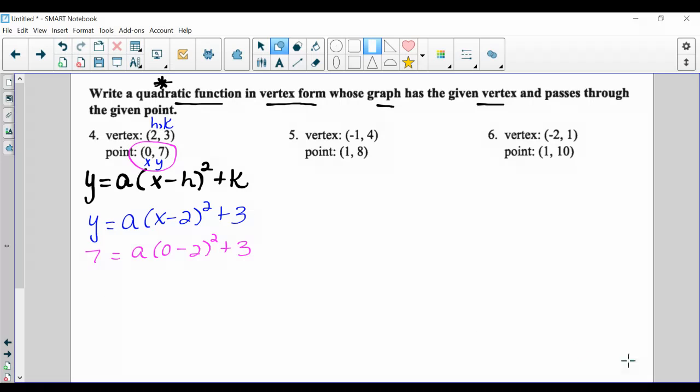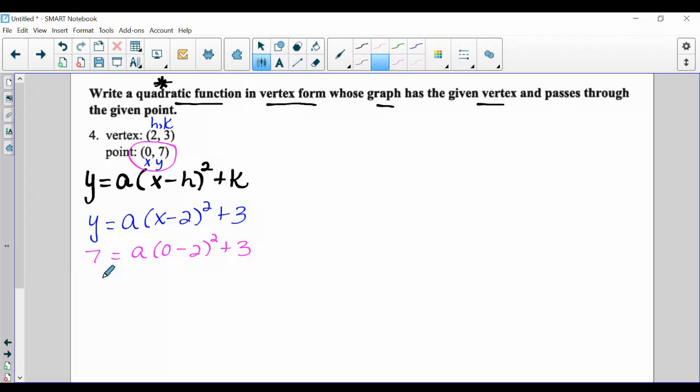Just make some more space here for us so we can focus on this problem. Here we go. Again, order of operations, parentheses first. Work out what's inside the parentheses, 0 minus 2. And then we'll work on exponents next. Negative 2 squared is a positive 4.